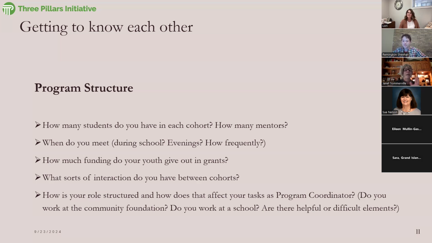Because we have 2 different school districts in our town, that way it's not inside of one of those. I'm very curious to hear, Sue, about how you run it during the school day and how they fit that in a student's schedule. I would love to hear more about that, except that we have 6 different schools that we're hitting. So I don't know how that would look, but I love anything that makes it fit better for the students.